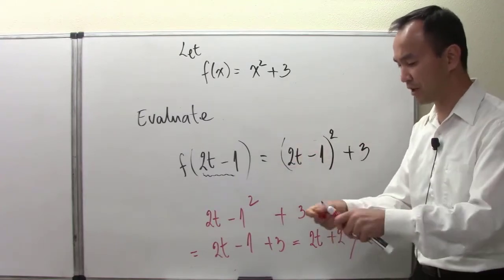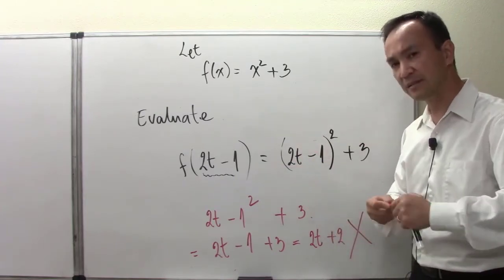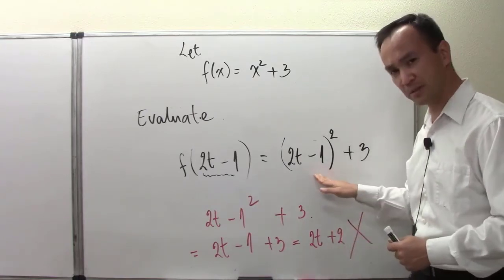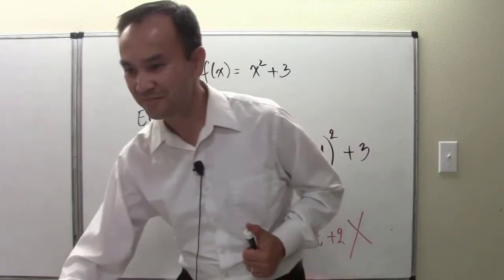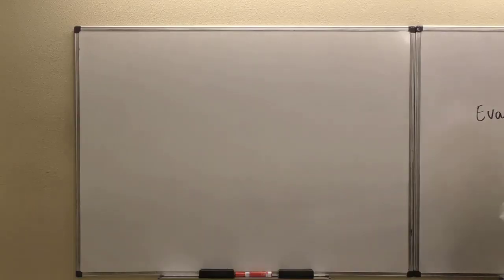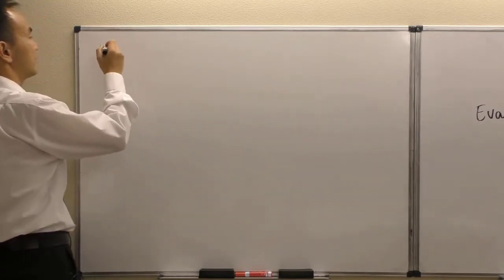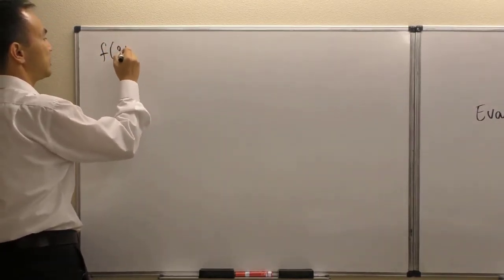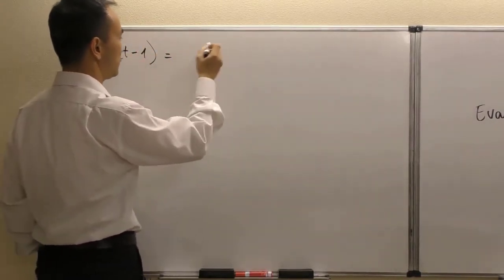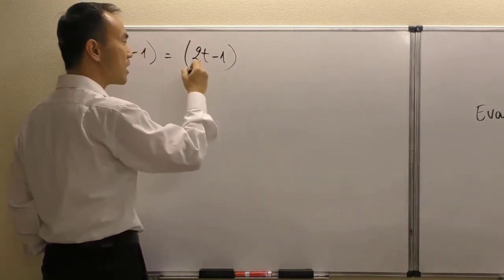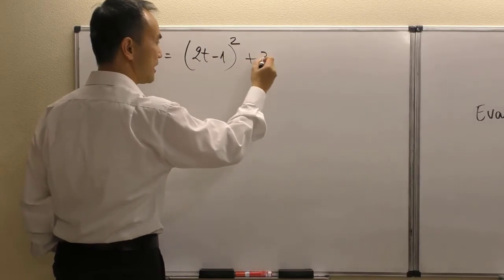I'm quickly going to roll over to my other board again, and I'm going to show the formal work for this particular problem. All right, so now f of 2t minus 1. The setup originally was 2t minus 1, in parentheses, squared, plus 3.